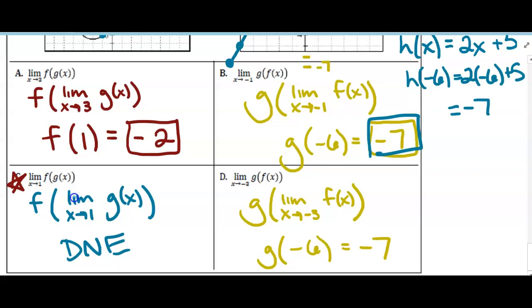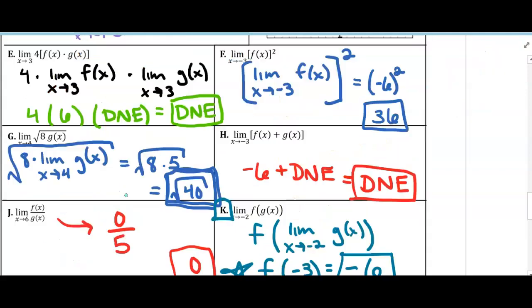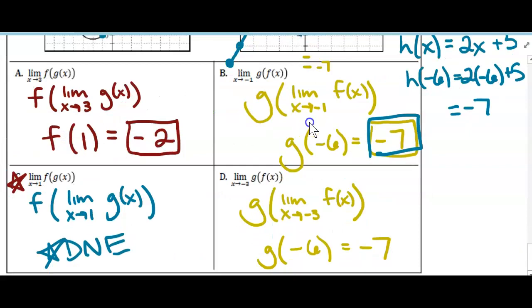This is what makes limits of composite functions more difficult, because you can't take that does-not-exist pathway and just stop your work there. We were able to do that earlier when we were multiplying functions and taking the limits of those, or taking the limit of functions that were being added together, like in letter H. Down here, we need to think about what this is actually asking from me.